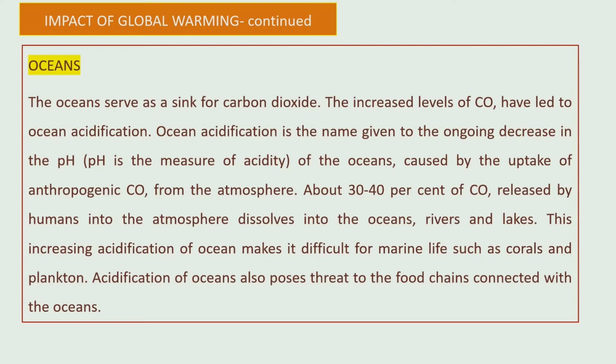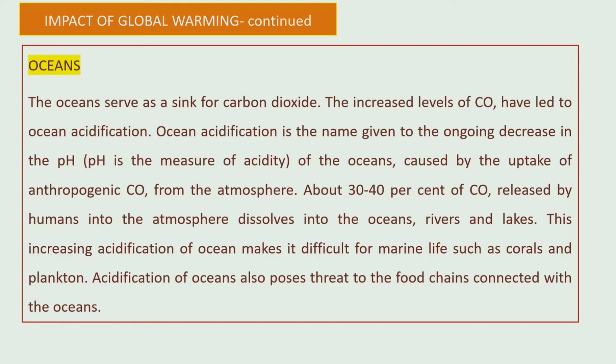About 30 to 40% of the carbon dioxide released by humans into the atmosphere dissolves into the oceans, rivers and lakes. The increasing acidification of the ocean makes it difficult for marine life such as corals and plankton.